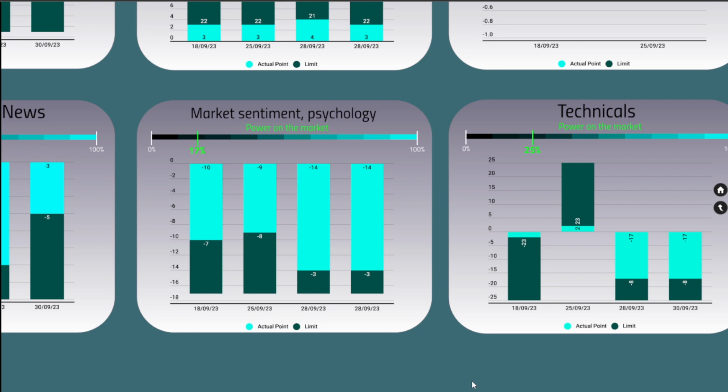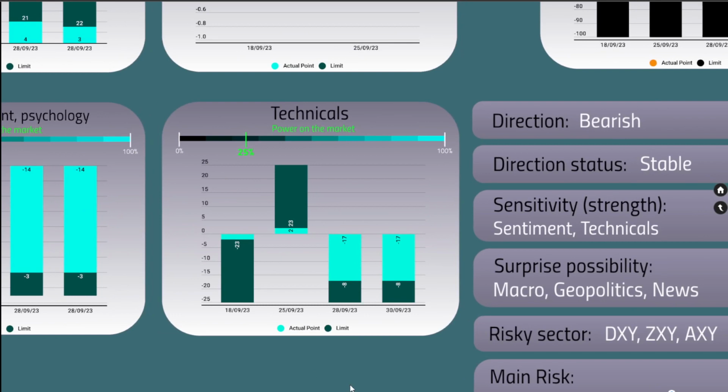Of course, the point could turn around and go to positive, but I don't see any signal for that so far. And the technical chart is also very dangerous because it has 25% power over the forex market, and it's using 17 in negative territory. So we still could decline a little bit more with this point.